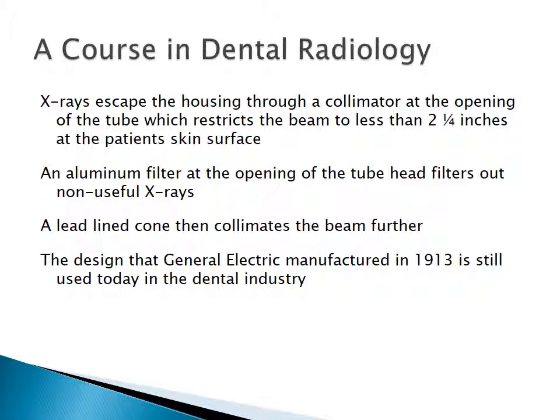Then we're going to use a lead lined cone that will actually collimate our beam down even farther to make sure that none of our X-rays are going anywhere that we don't want them to go. So this is a design that came out in 1913 created by General Electric, and believe it or not, it is still the exact same technology that's used today.